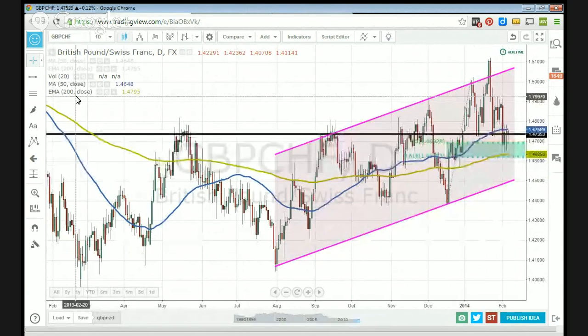Okay, Pound Swiss. I found this price action to be really choppy and difficult to read. Sorry, I had a bit of a distraction there. We've got this channel of sorts, but I'm just finding this price action to be very choppy.